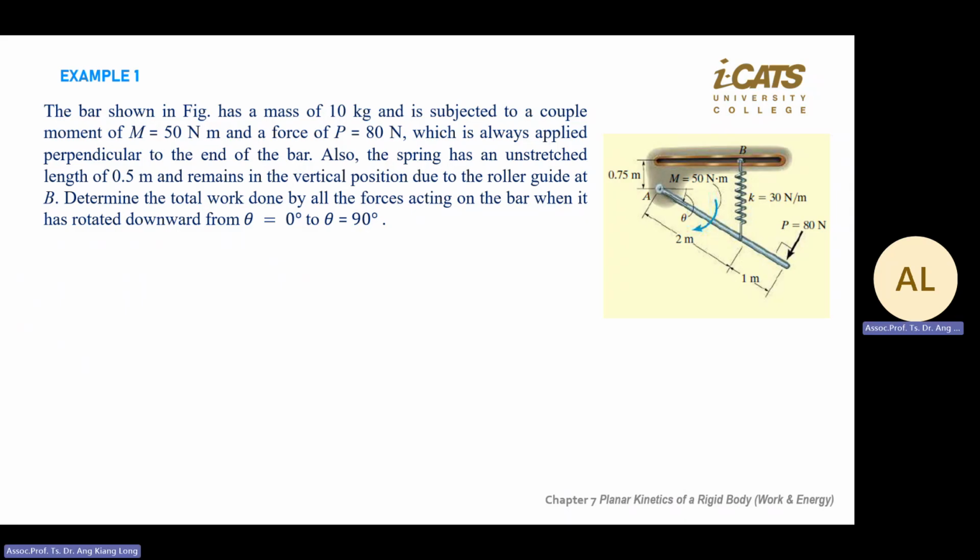Determine the total work done by that system. So you calculate P, it gives you from 0 to 90. 0 means P will be here. You need to imagine one by one.